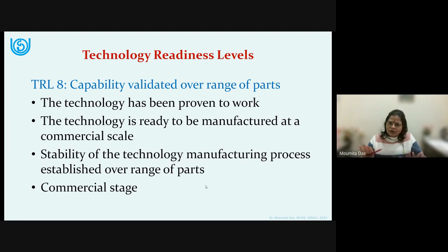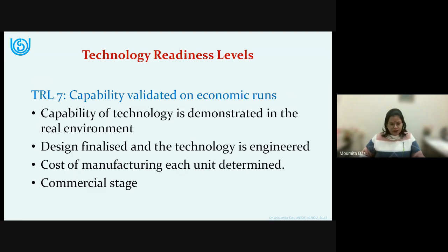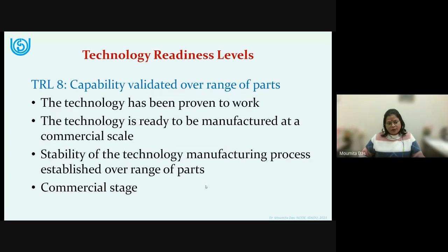You establish all these things over a period of time, where you establish the stability of all the parts that are working properly. This is TRL 8, and this is at the commercial stage. Now you entered the commercial stage. In fact, you had entered the commercial stage at TRL 7. So TRL 7, TRL 8 are at the commercial stage.